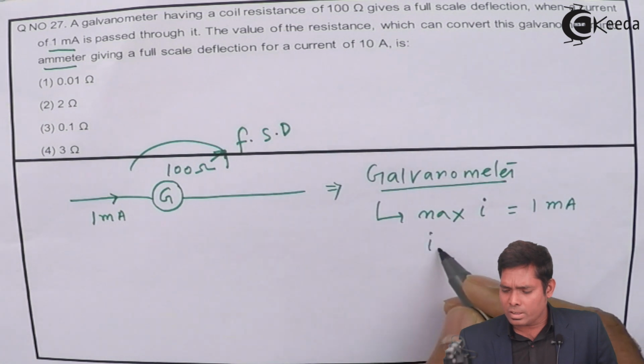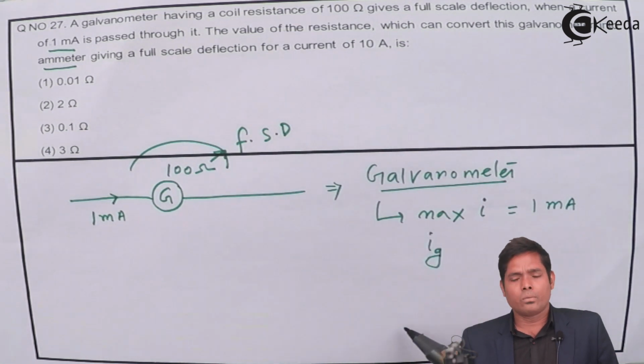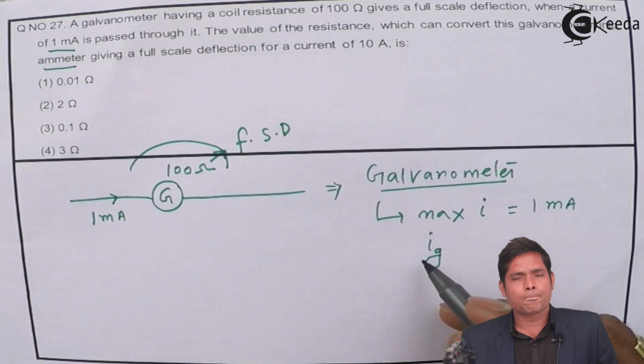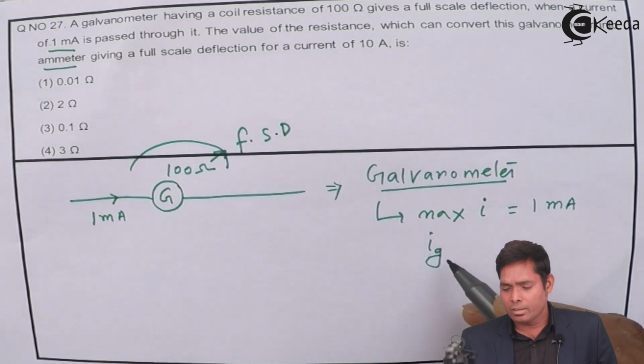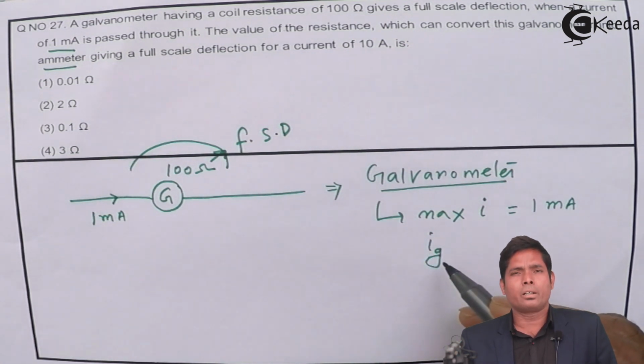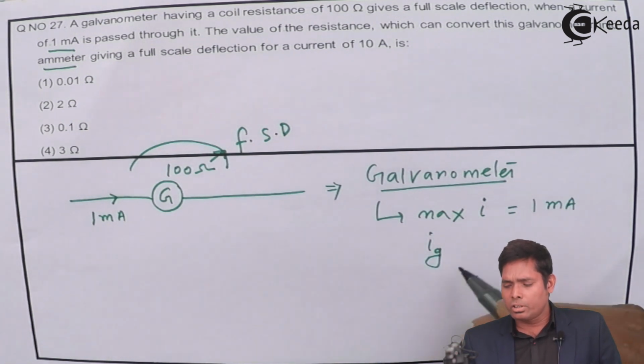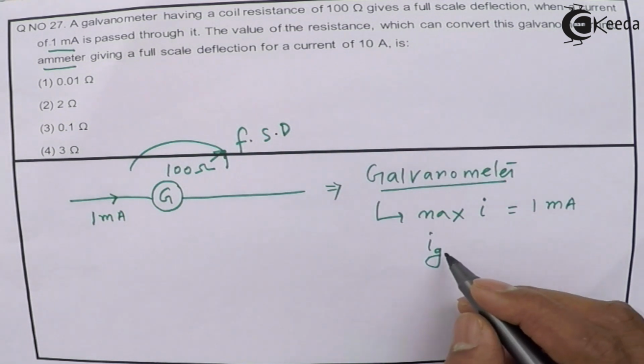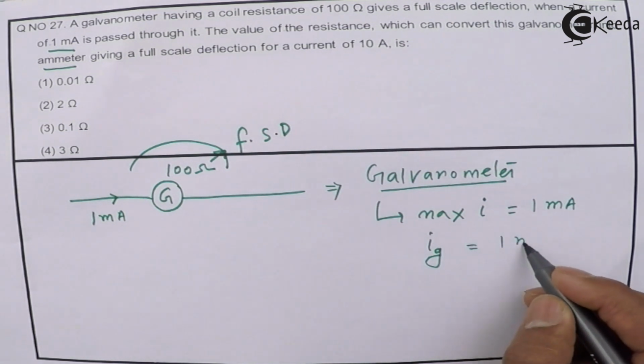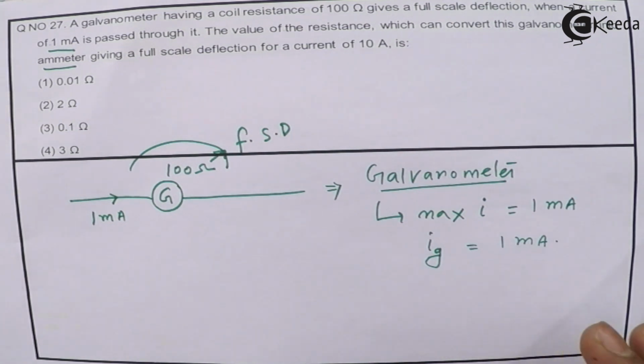We generally call this I_G, the maximum current the galvanometer can measure without being converted to an ammeter. So this is the original condition of this galvanometer, and that is the maximum value it can measure.